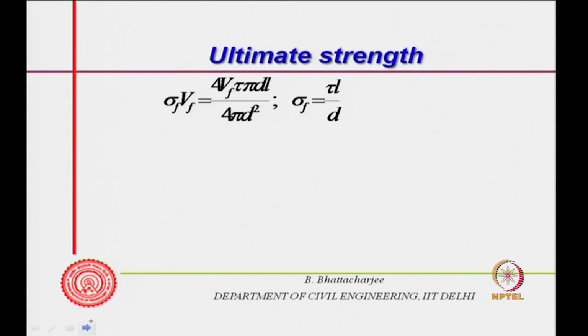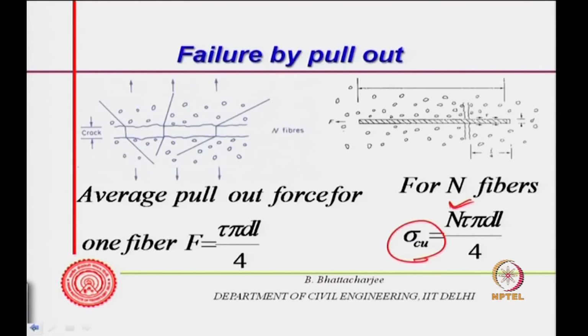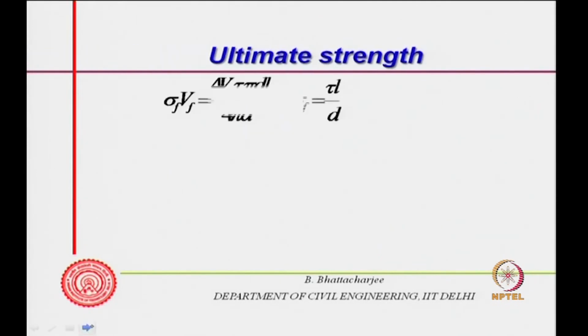Therefore, for the fiber pull out force we have seen, sigma cu of the composite is like that. I get sigma f, the stress in the fiber corresponding to the pull out.